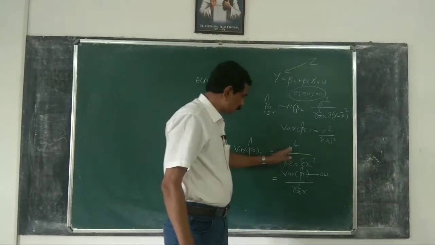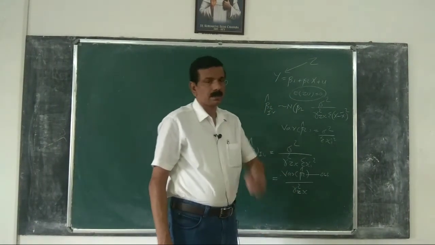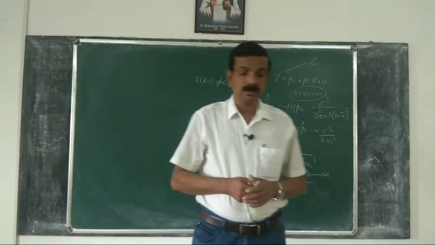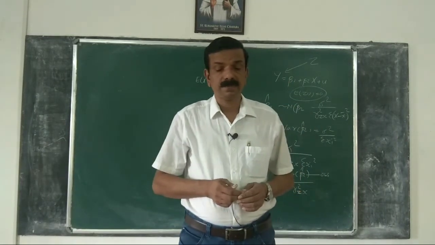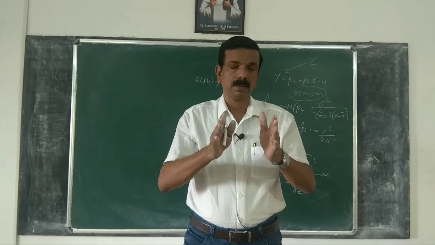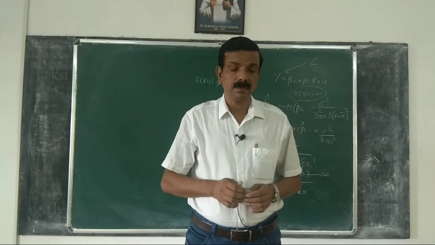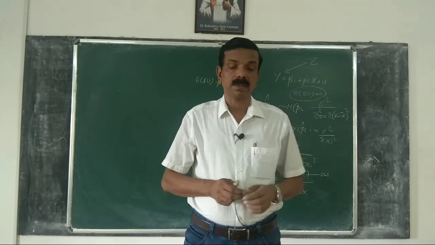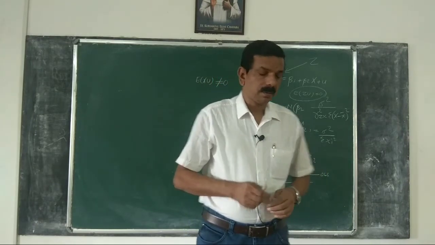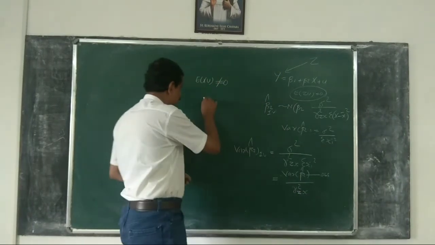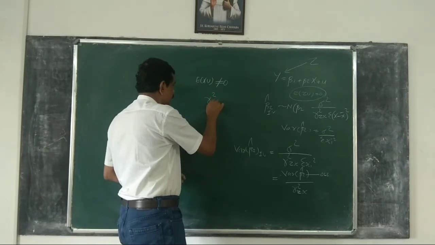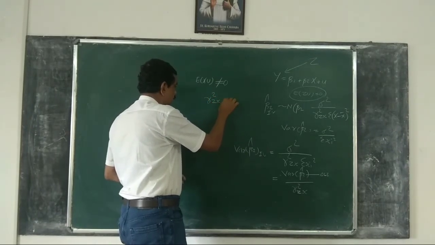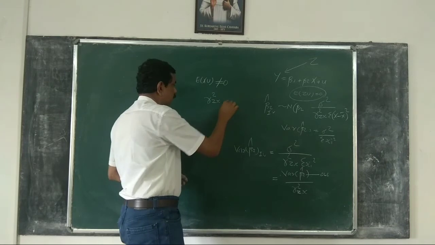Now this comparison invites our attention to the need for using strong instruments. We know that r square ZX is always less than 1.